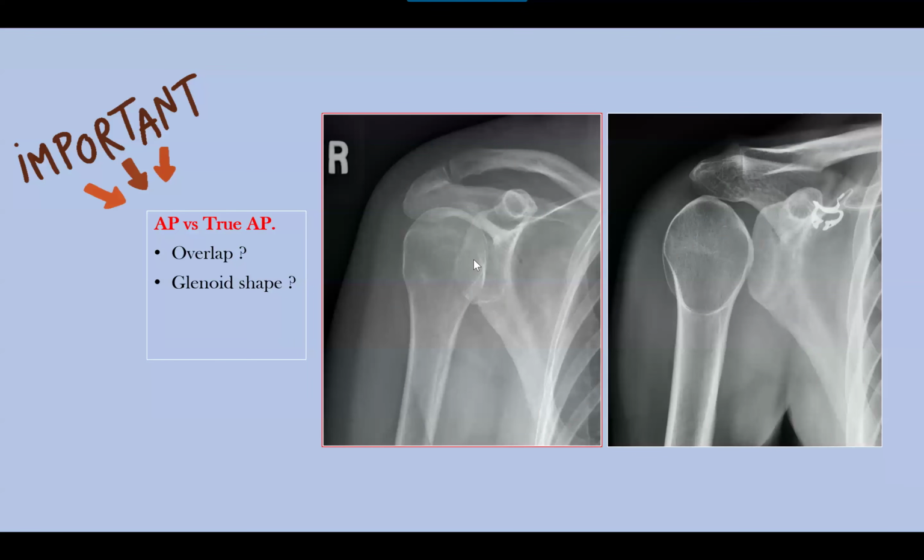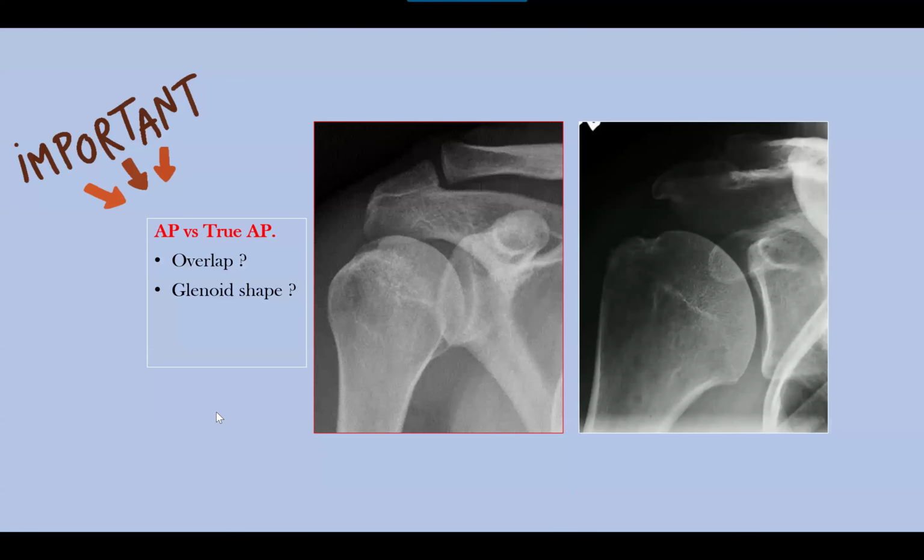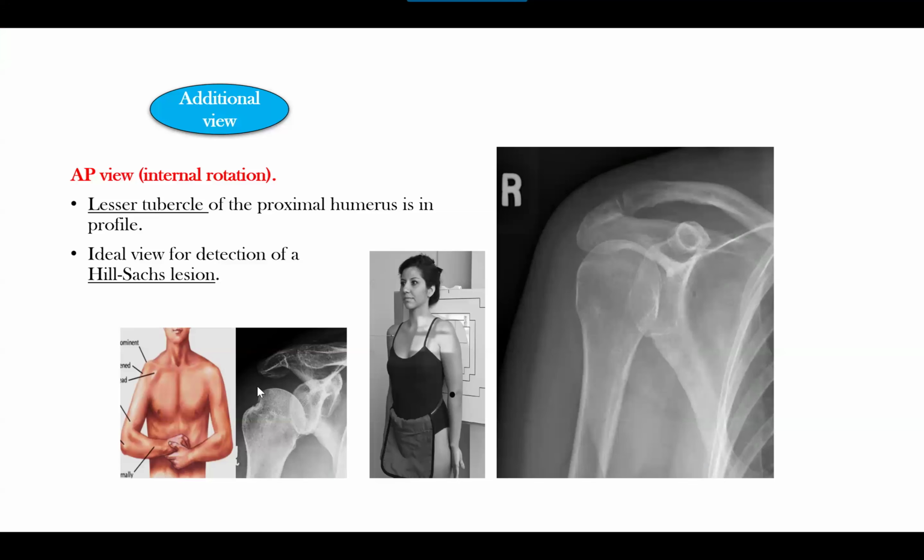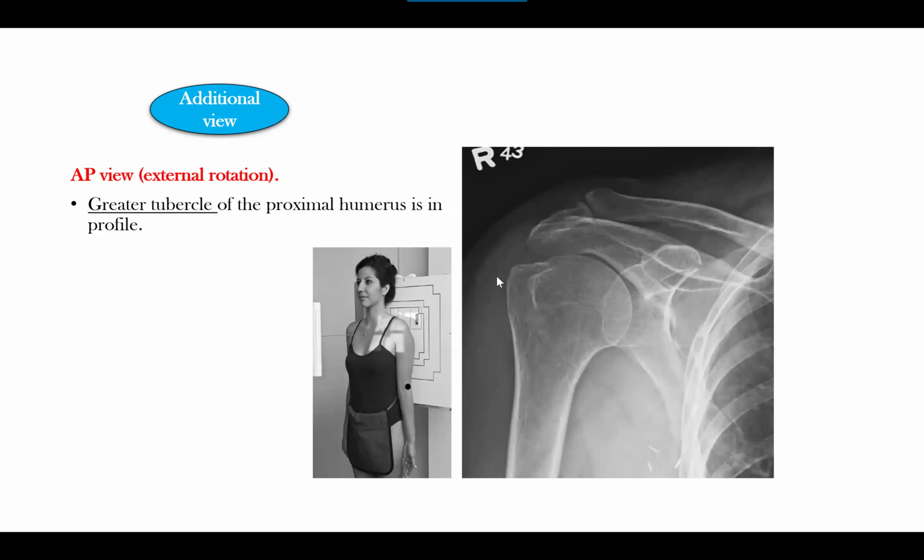It's not posterior dislocation. But if there is no overlap at all, with this classic light bulb, you may diagnose posterior shoulder dislocation. If you are suspecting a greater tubercle fracture, the classic view will be external rotation.